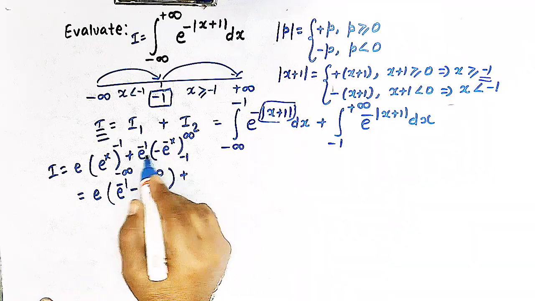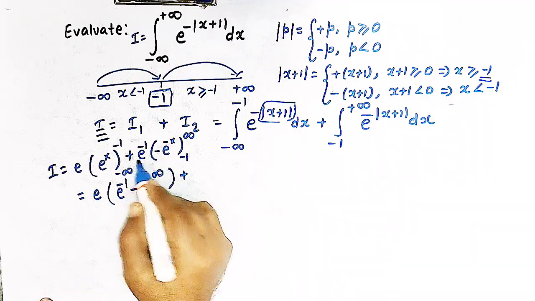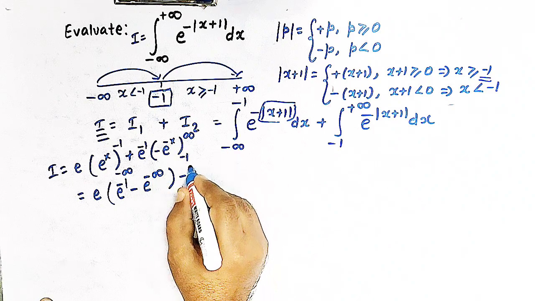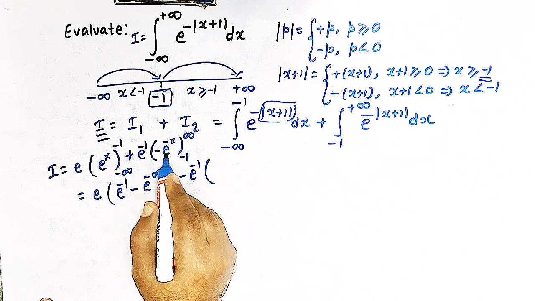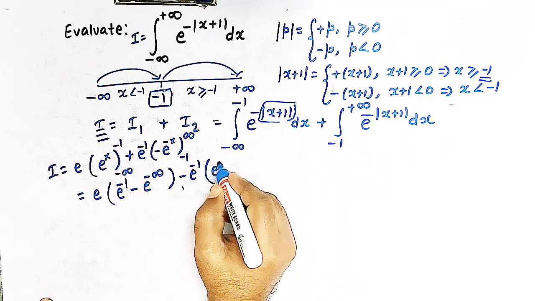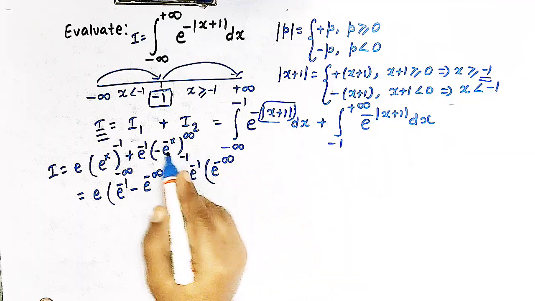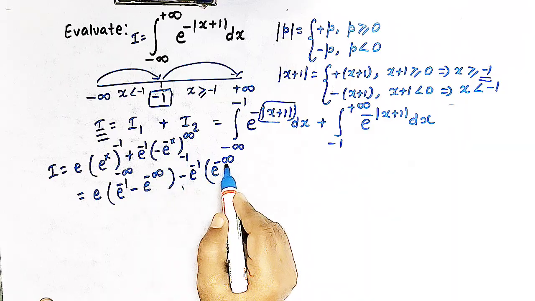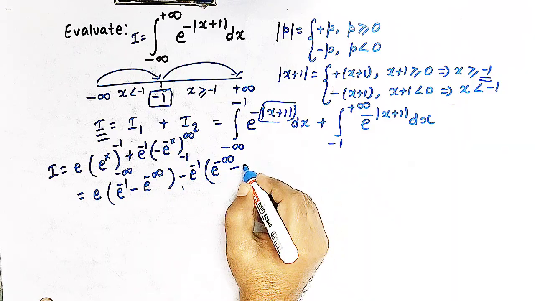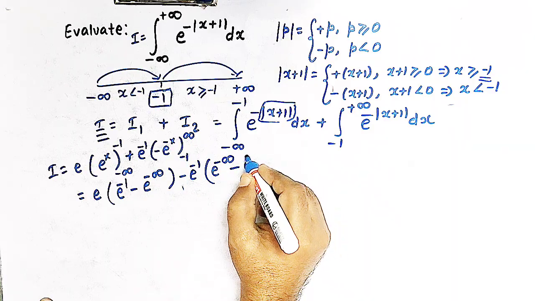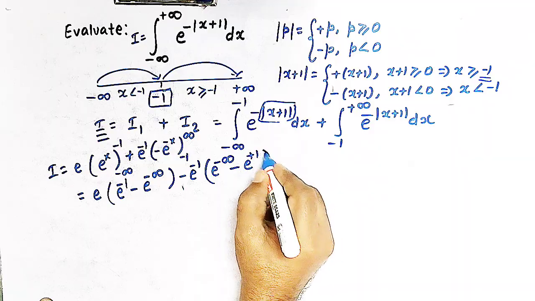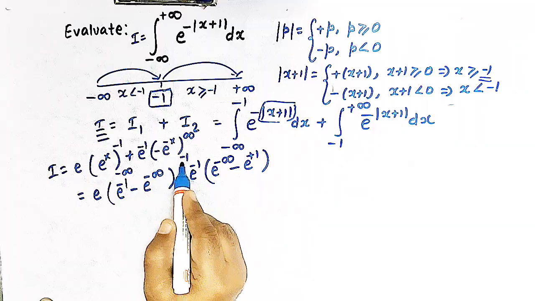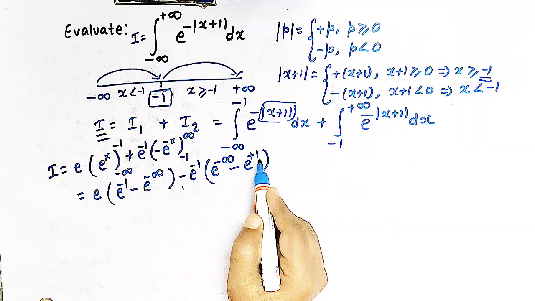And then here we can take this negative sign outside. So here we have minus e raised to minus 1, and here we have now e raised to minus infinity, because when x tends to infinity, we have e raised to minus infinity, and then we have minus e raised to plus 1, because here x is minus 1, and minus becomes positive, right?